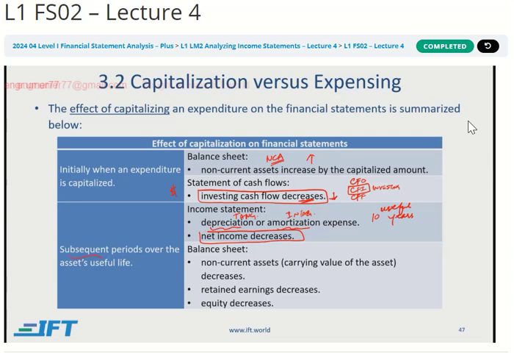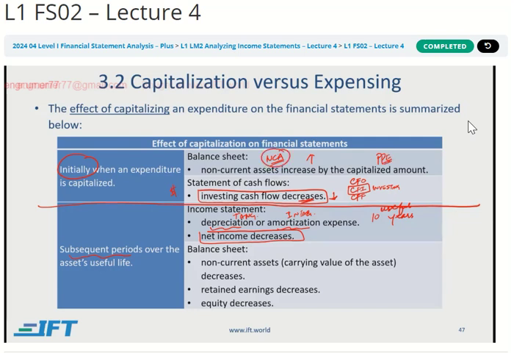But this is over subsequent periods. In the first period, initially when the expense is capitalized, your investing cash flows will take a hit and your balance sheet is going to increase because your property, plant and equipment, if you are buying your factory equipment, will be going up.